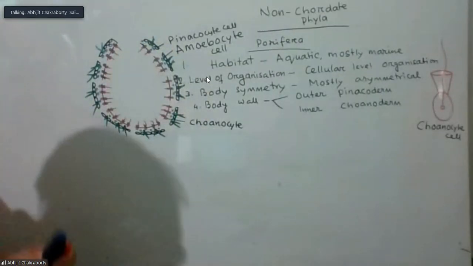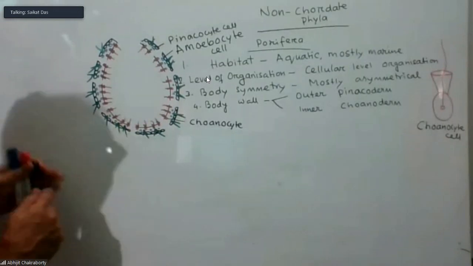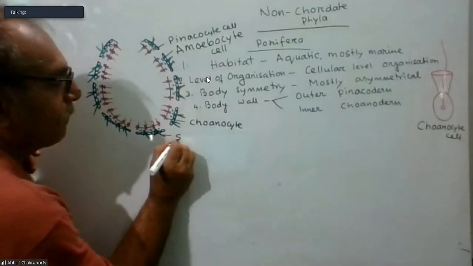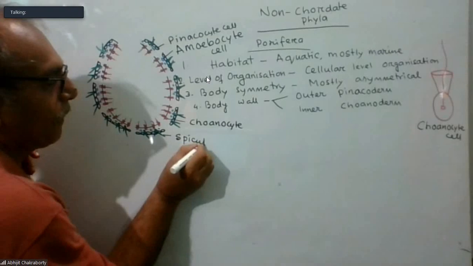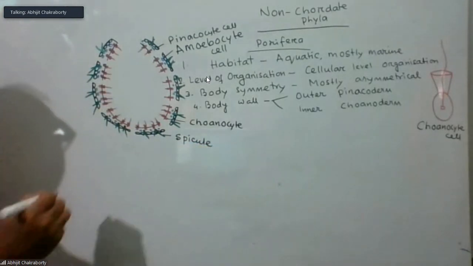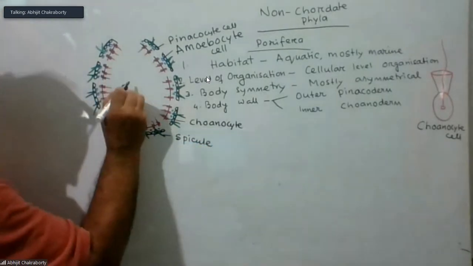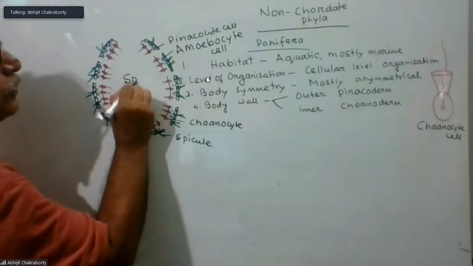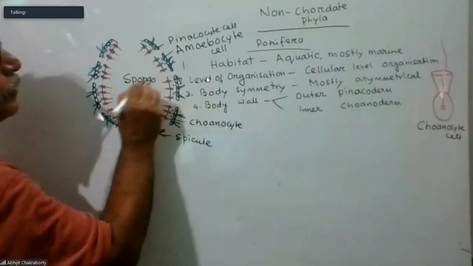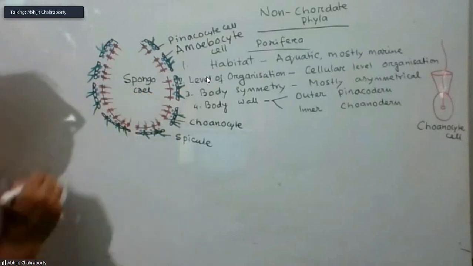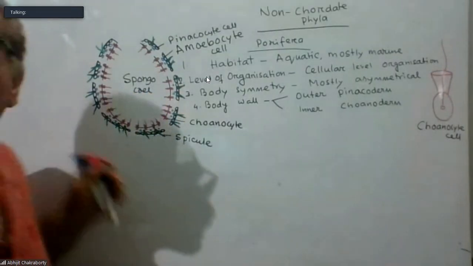And these structures are called spicule. Here this is called spongocoel.